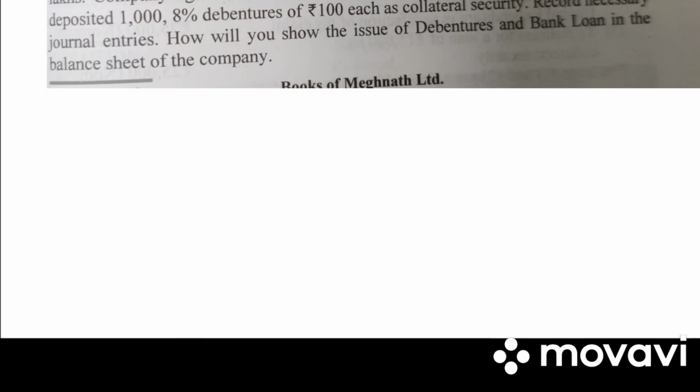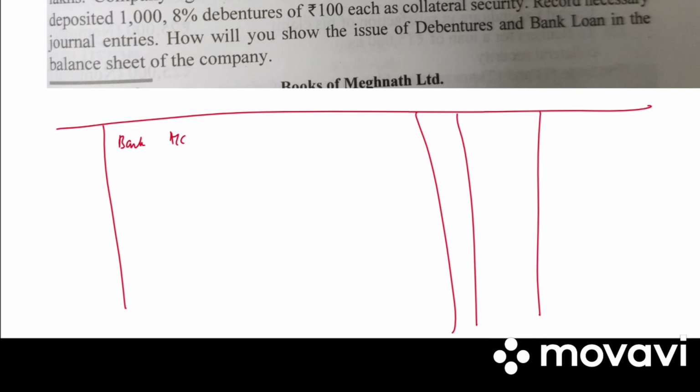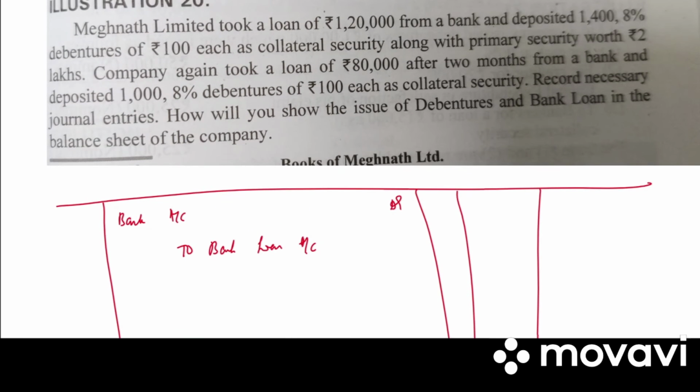So write down Books of Meghnad Limited, journal entries. So first entry will be bank account debited to bank loan account. How much is it? It took a loan of 1,20,000.